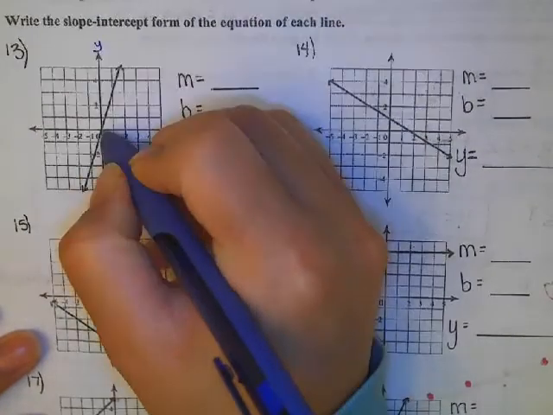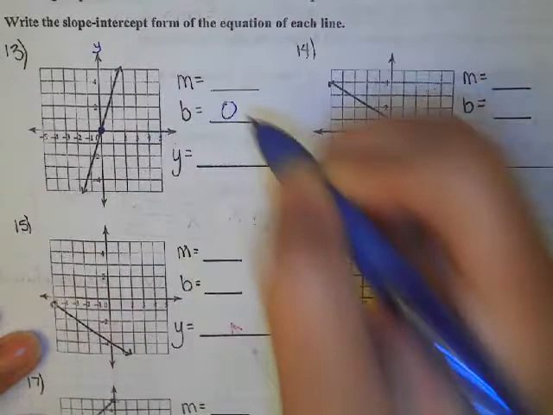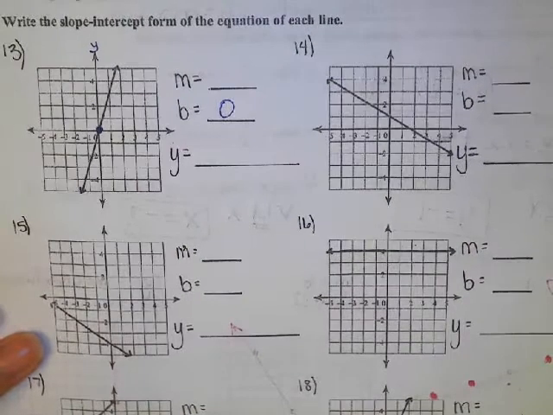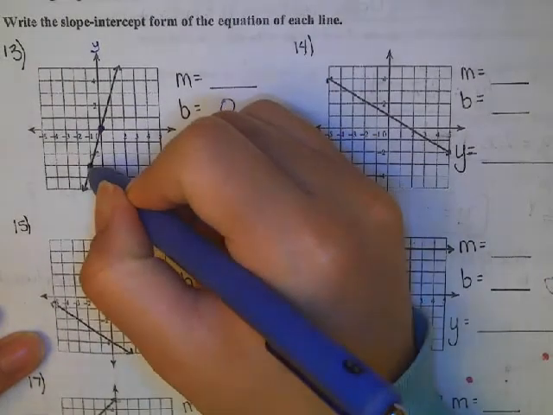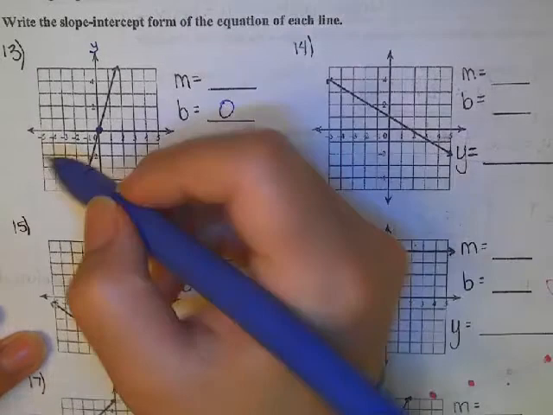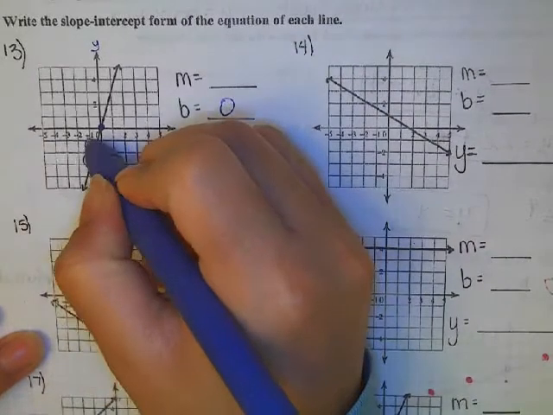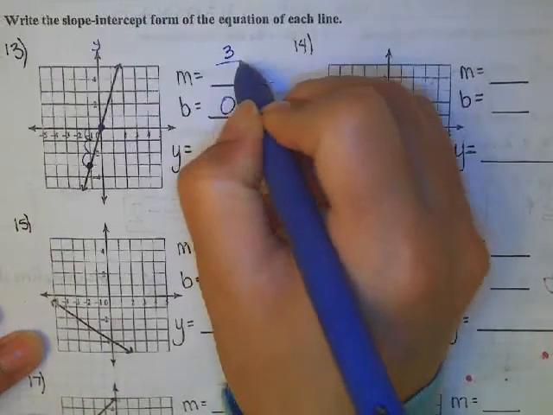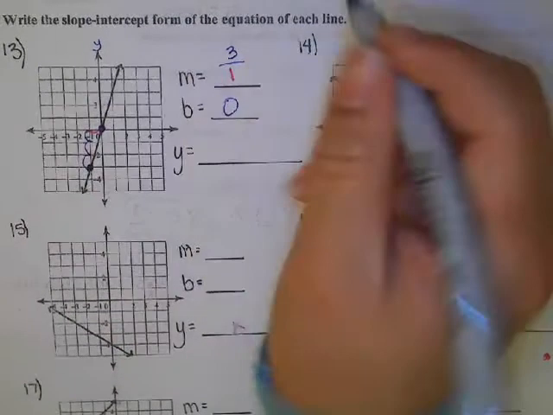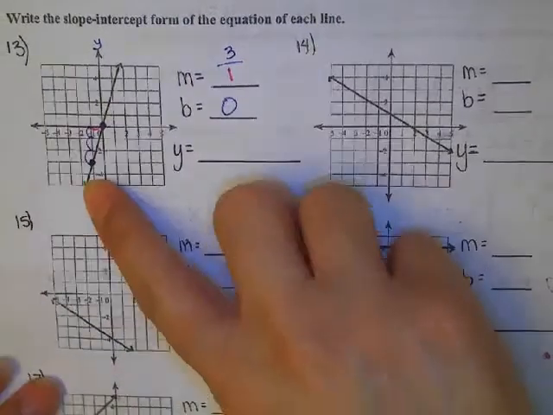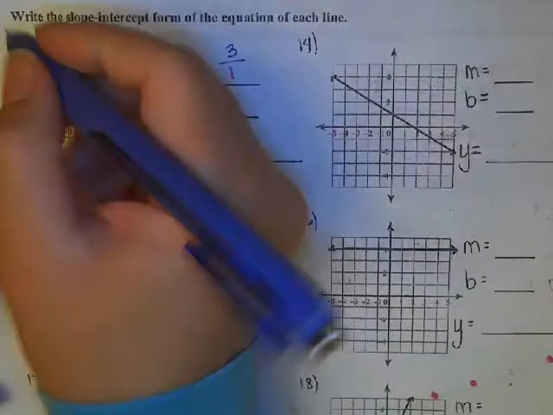Find the y-intercept first. Well, this is your y-axis. It is crossing at 0. Then you got to pick another perfect little point. And I'm going to pick this one right here. And you're going to do rise over run. Rise, 1, 2, 3. That is your top number. And then run 1. And what type of slope is this?